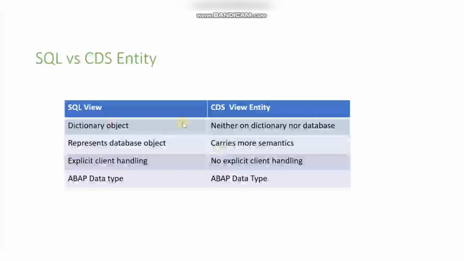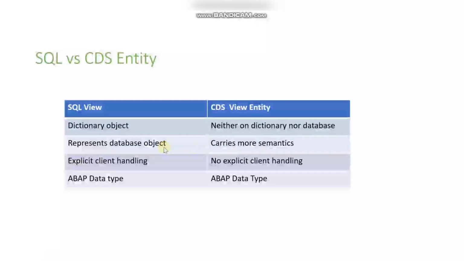This is the difference between SQL view versus CDS entity. SQL view is a data dictionary object, and coming to CDS view entity, it doesn't exist in the dictionary or database.